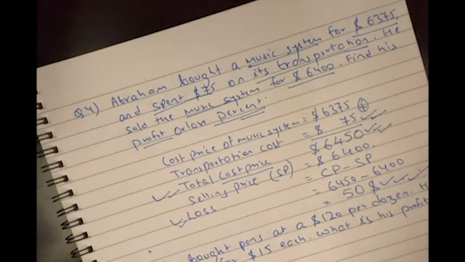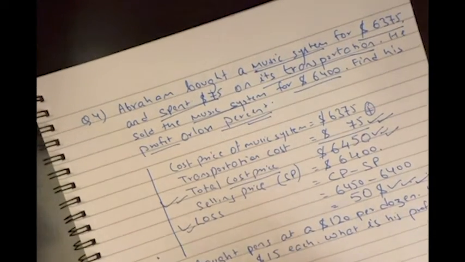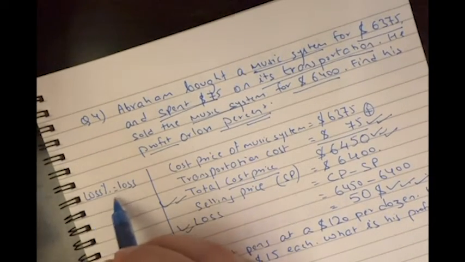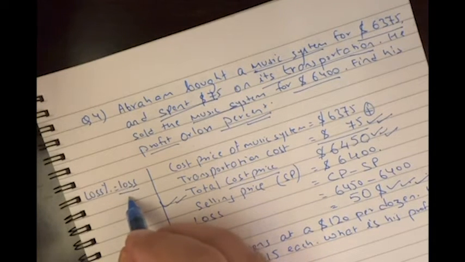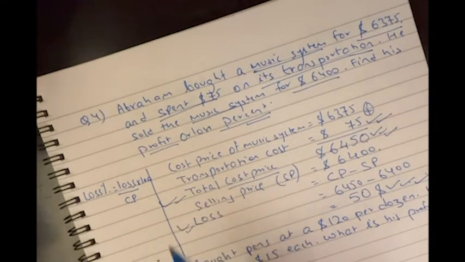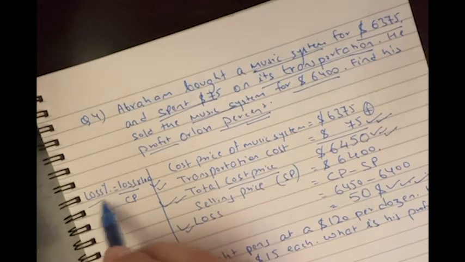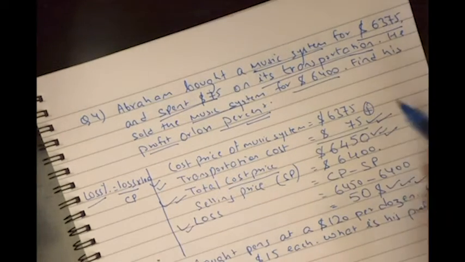So in order to find the loss percentage, loss percentage is equal to loss value by cost price multiplied by 100. This is the formula that we use to find the percentage of loss when we know the cost price and the loss value.